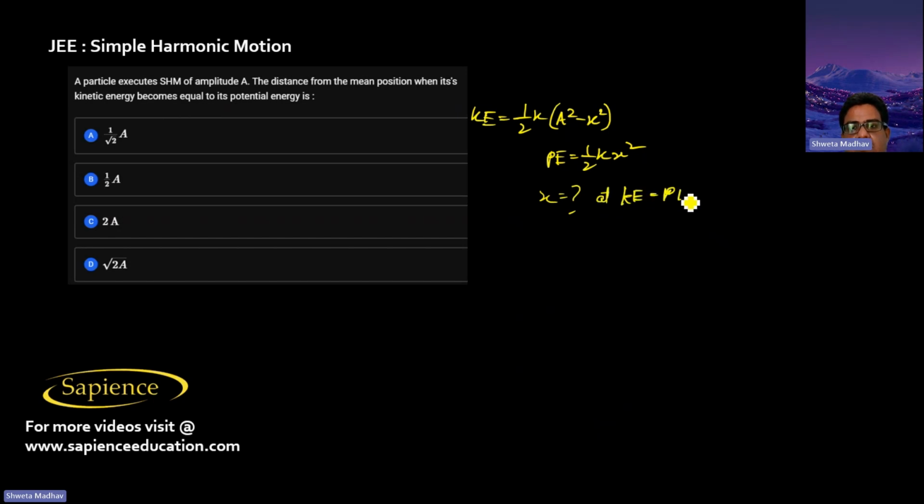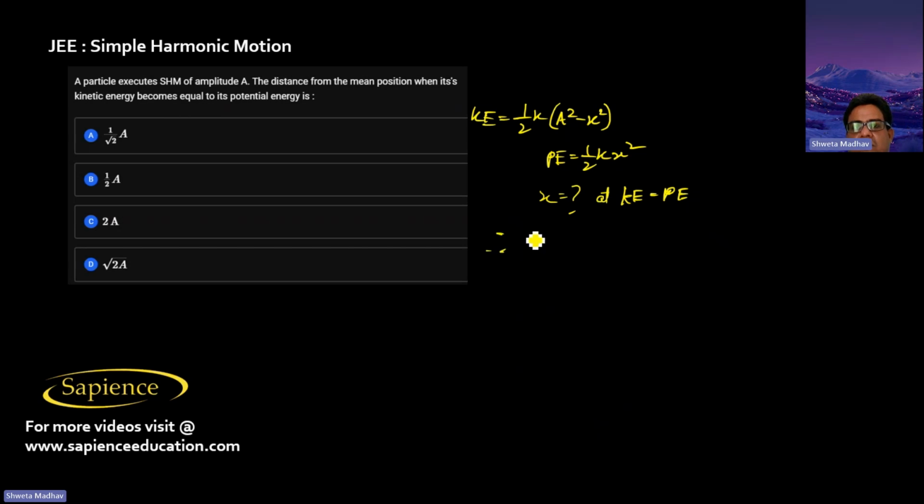It is told a particle executes SHM of amplitude A. The distance from the mean position where its kinetic energy becomes equal to its potential energy. So you know that kinetic energy is equal to half k into a square minus x square, and potential energy is equal to half k x square. So we have to find the distance x at which kinetic energy and potential energy are equal.